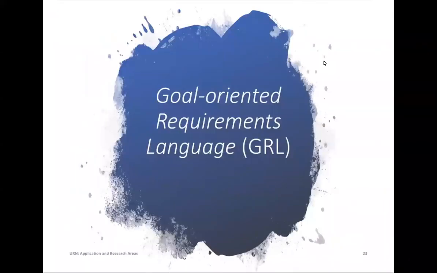Now let's start talking about, or give a focus on, the goal-oriented requirement language, the GRL: how to build the hierarchy, how to identify the components of the hierarchy, how to identify the relationships between the components, the major notations commonly used to build a goal model using the GRL, and finally how to evaluate such a model.